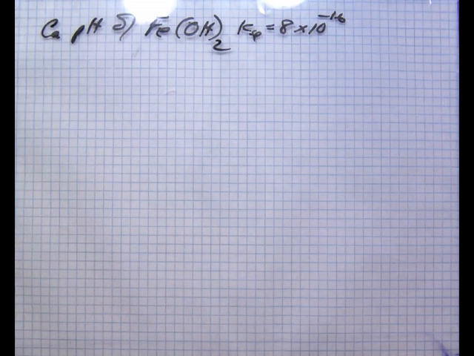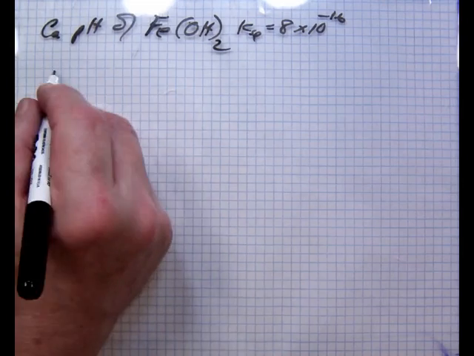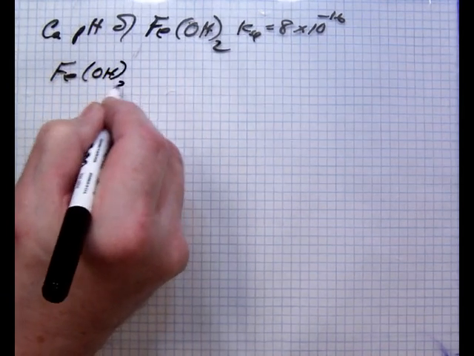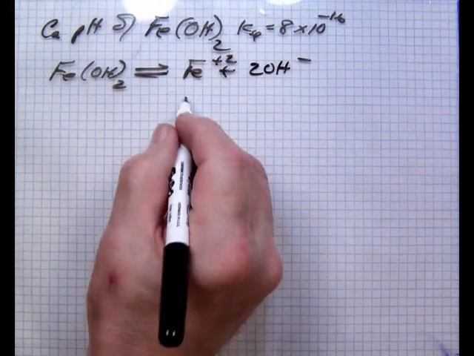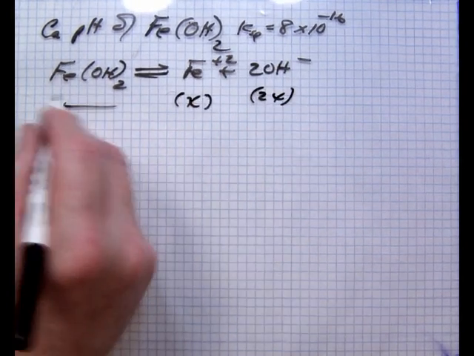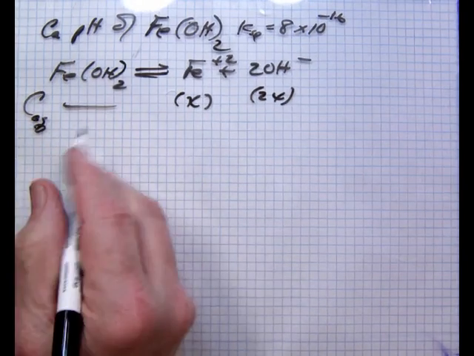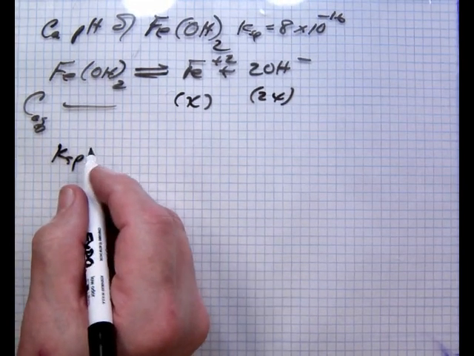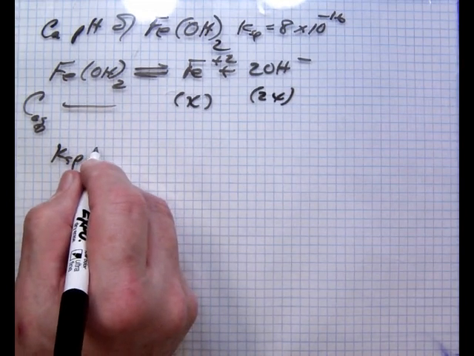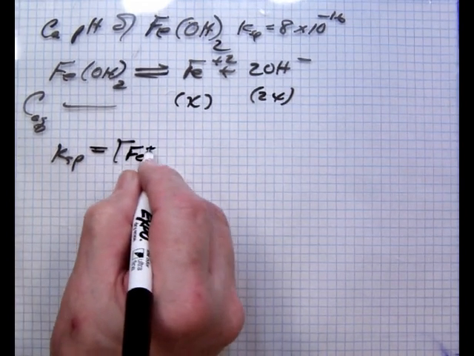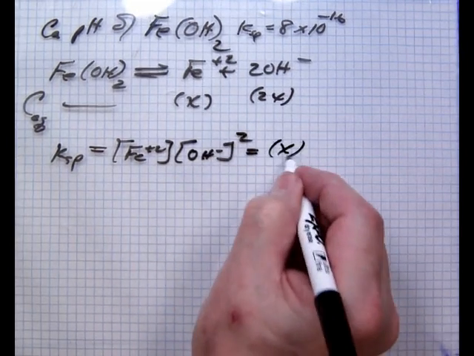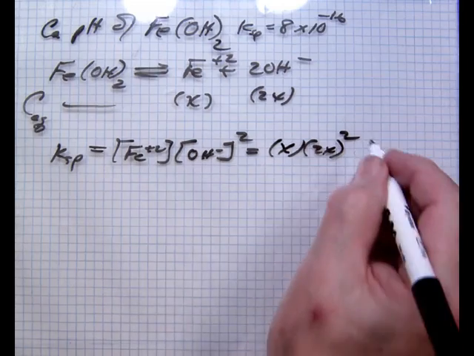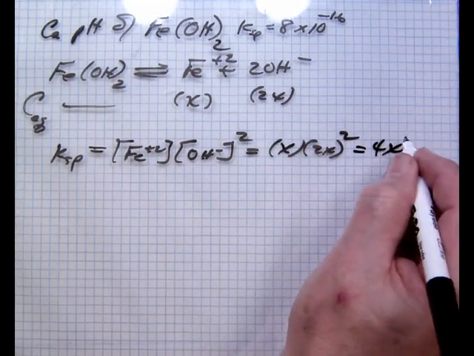Real quick. Calculate the pH of a saturated solution of iron hydroxide. We'll give you that Ksp. Ksp equals iron times hydroxide squared, which is x times 2x squared, just stringing it out for you, 4x cubed.